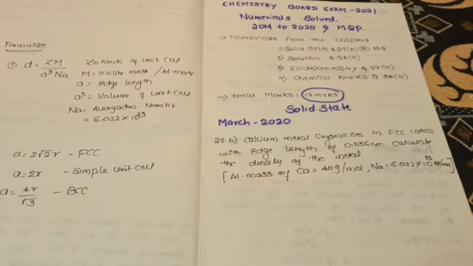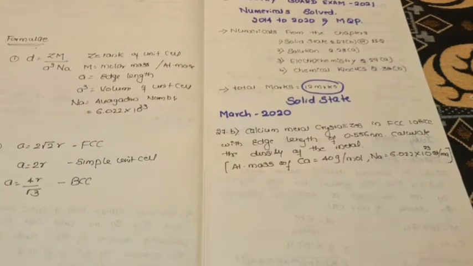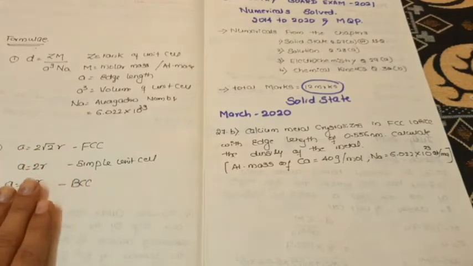Now in this video, I'm going to discuss the solid state numericals, which will be from question 27b in your question paper. In the solid state, the numericals are actually very easy, because you have to learn only one formula, and other than that, three relations to remember.